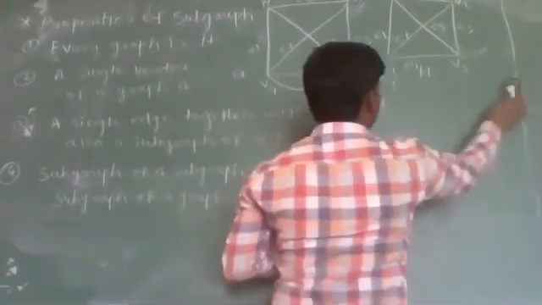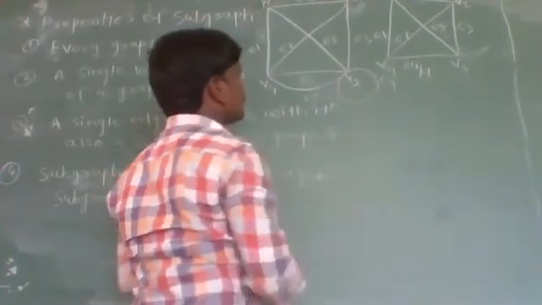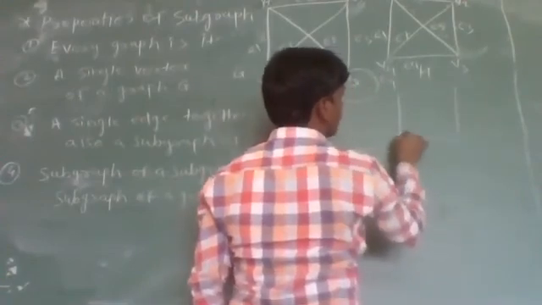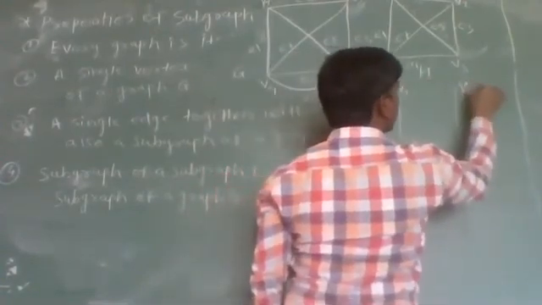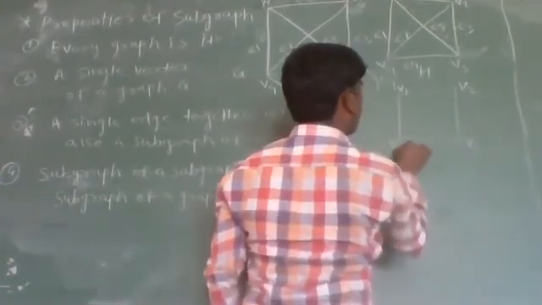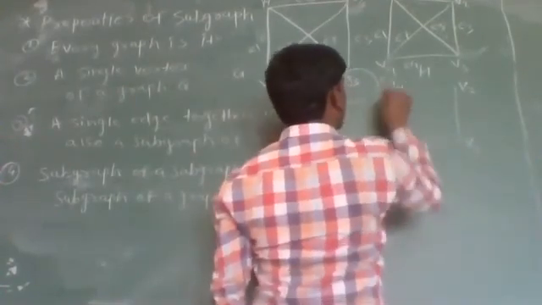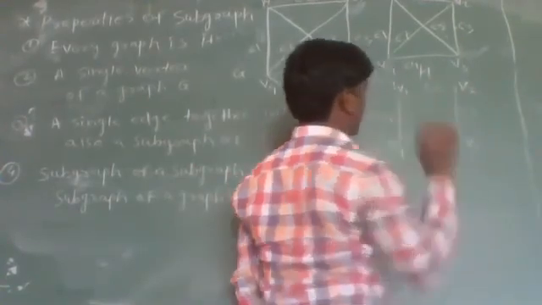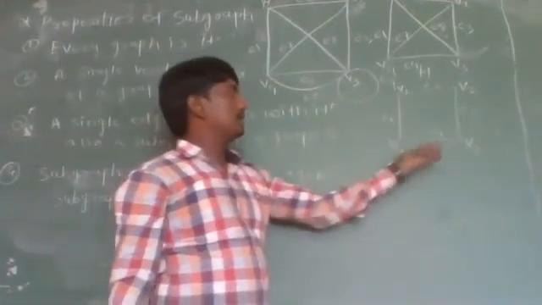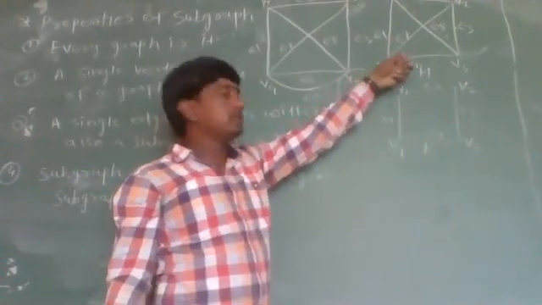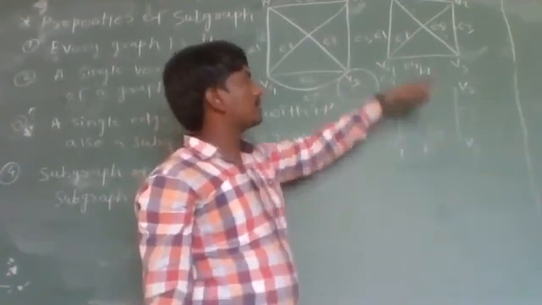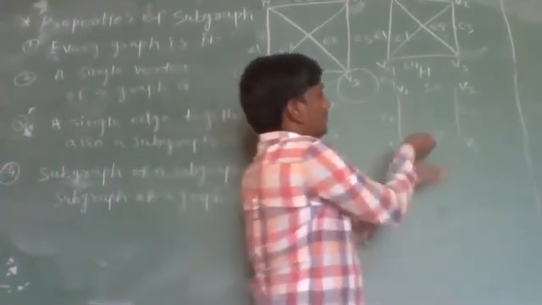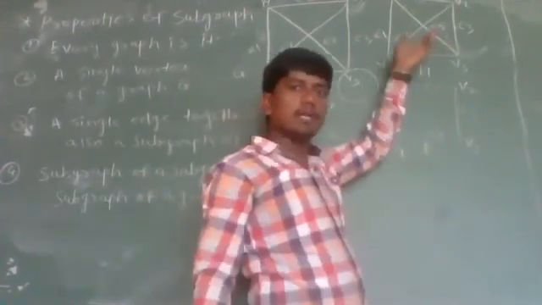Now let us take one subgraph K of graph H, with vertices V1, V2, V3. Each vertex in K is in H, and the edge set of K is also a subset of the edge set of H. Then by the definition of subgraph, graph K is a subgraph of graph H.